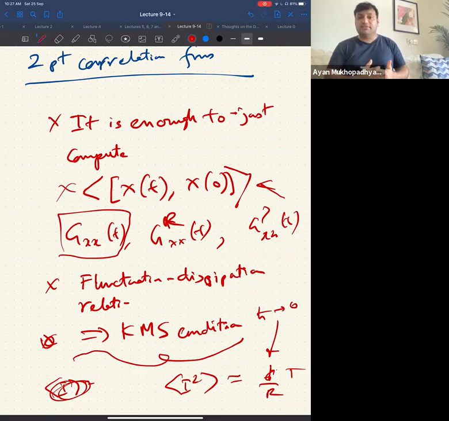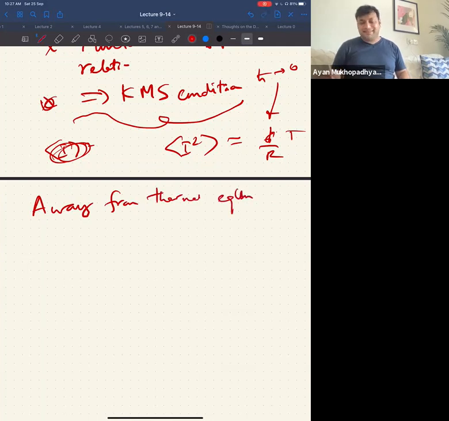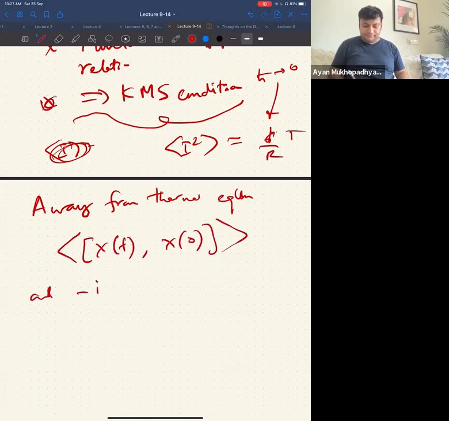If the state is not in thermal equilibrium, away from thermal equilibrium, well, then I think it is sort of obvious, because you basically need to do two things. You need to do the commutator and the anti-commutator.